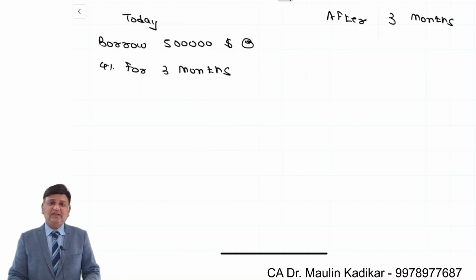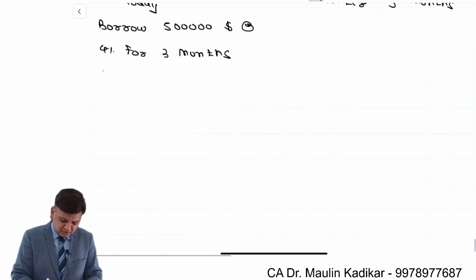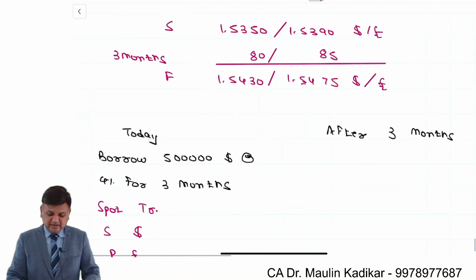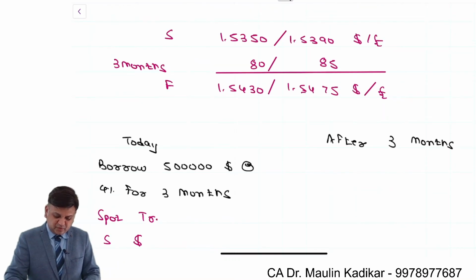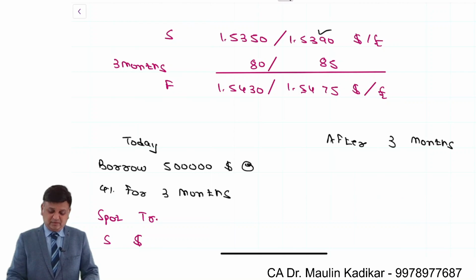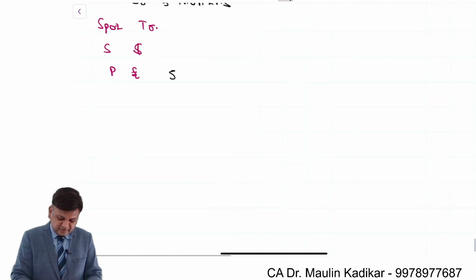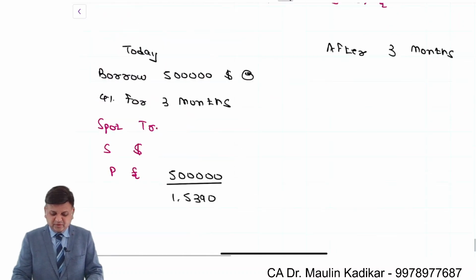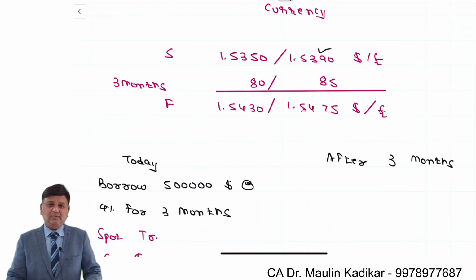If at all we are considering to make investment in pound currency, we will enter into the spot transaction for conversion of the dollar into pound. Sell of dollar and purchase of pound. So with more amount of the dollar you can get 1 pound. So we understand it is 5 lakhs divided by 1.5390. This is the amount of the pound that we will receive.